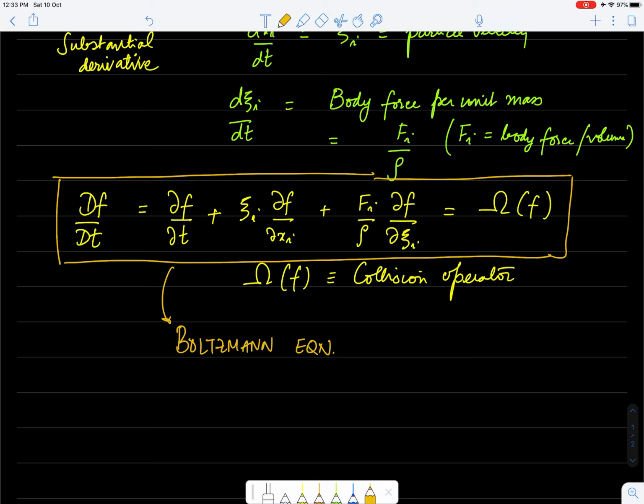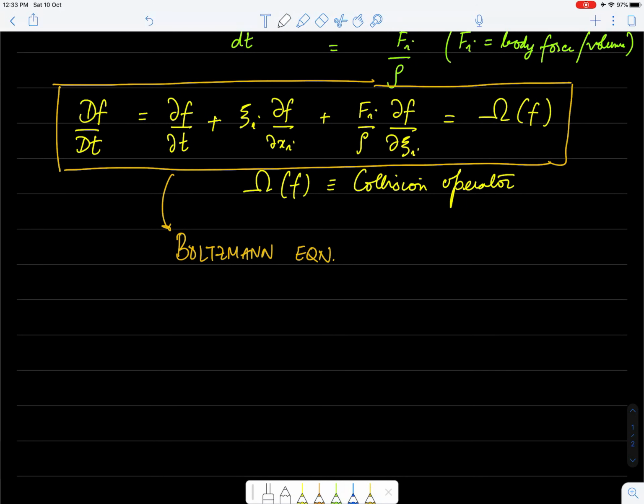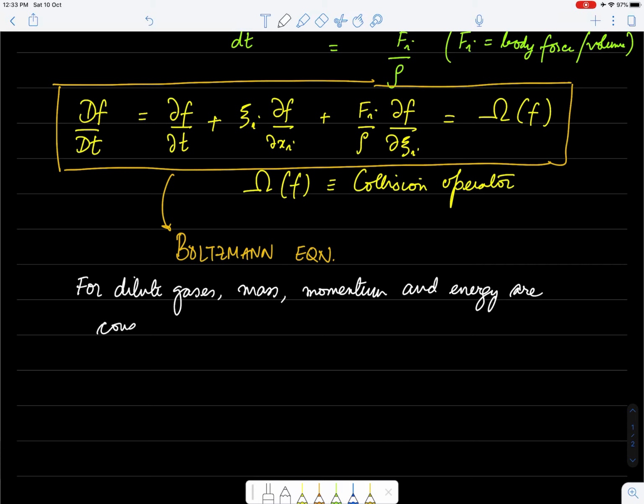Now for dilute gases, which is what we are looking at in terms of kinetic theory, mass, momentum and energy are conserved, even when we have collision.